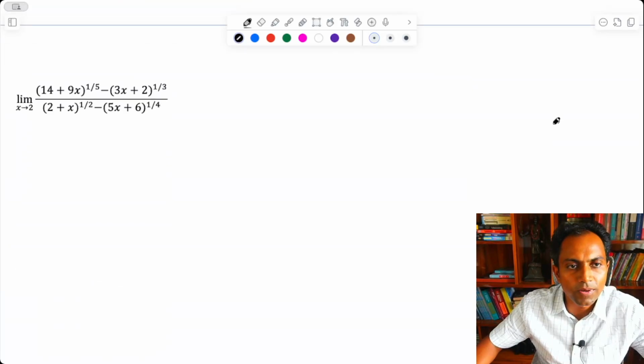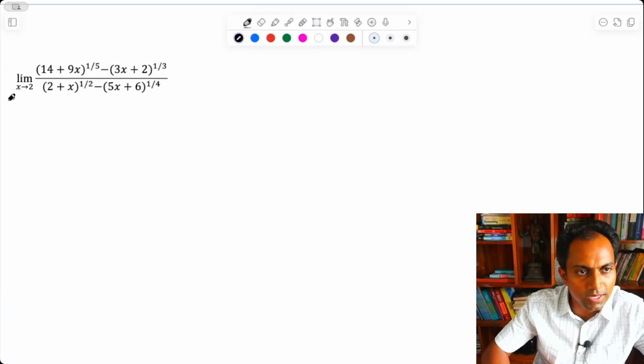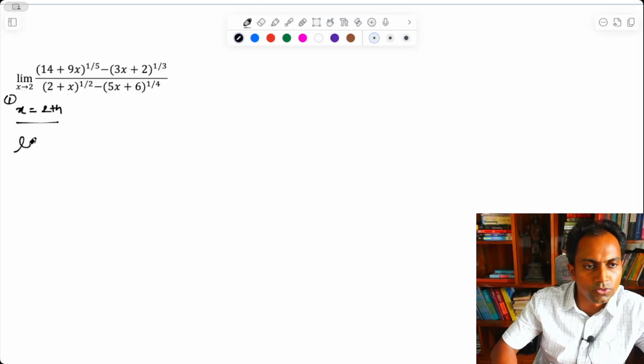Now, a more complicated form of the same question is again given here. If I want to solve this, again I will do the same thing. I can put x as nothing but 2 plus h in the first step. If I do so, the limit changes to h tends to 0.